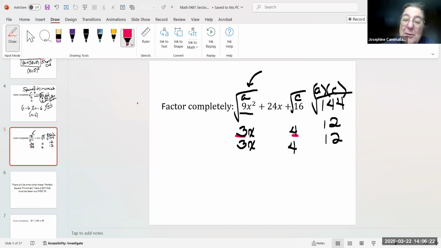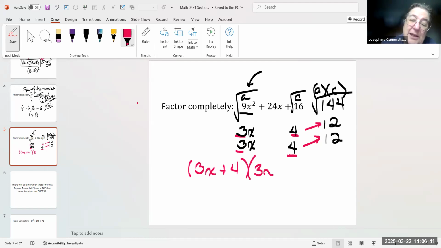This 3 multiplies by 4 to give me one of the 12s. 3 times 4 gives me one of the 12s. Now, I could do this the long way, but I'm still going to come up with 3x plus 4, 3x plus 4. This is known as the shortcut.